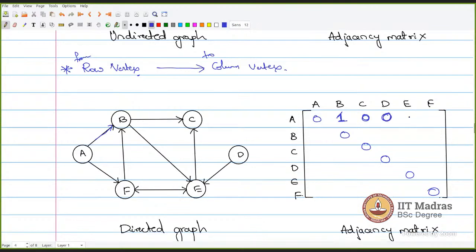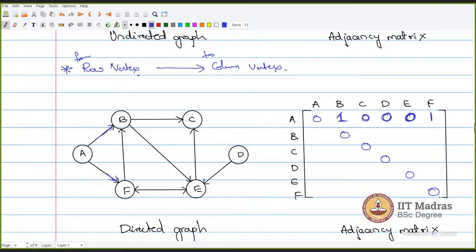AE, 0. You can see from A to E there is no direct edge connecting A and E. From A to F, is there an edge from A to F? Yes, this is the edge. So this entry will be 1.